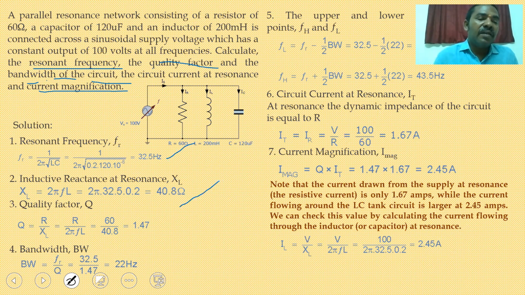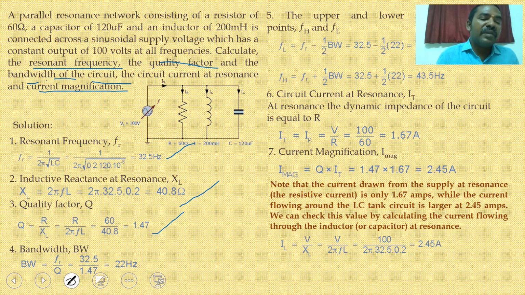It is the same as XC under resonating condition also. Then for the quality factor I am using R by XL, that is R by 2 pi FL. So 60 divided by 40.8, we are getting 1.47 value.